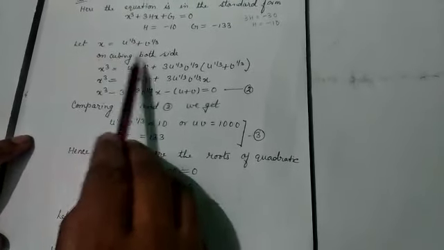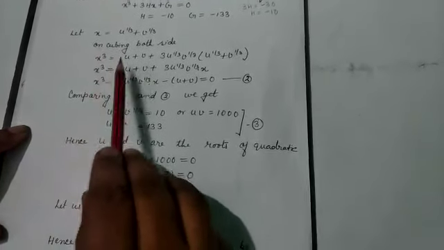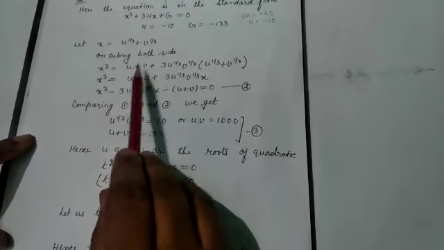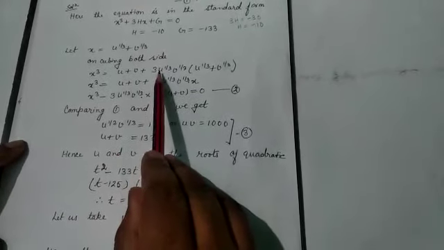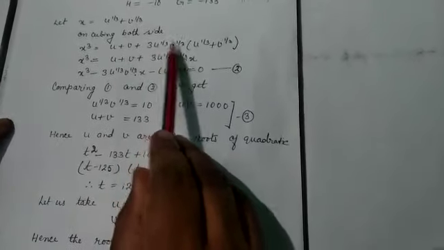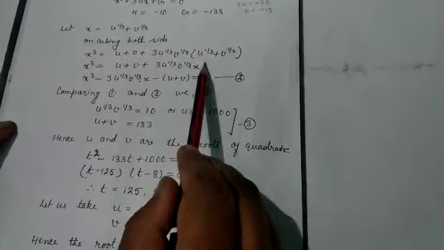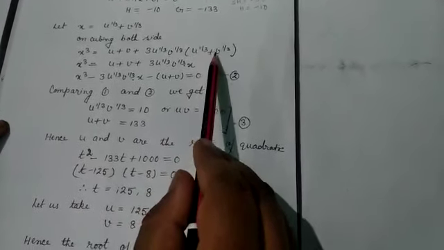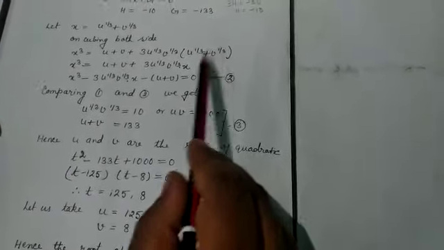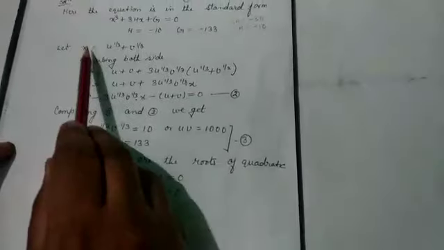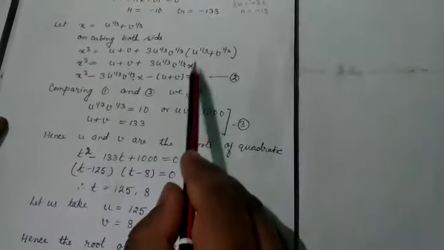Now, on cubing both sides, we get x cube is equal to u plus v plus 3u to the power 1 by 3, v to the power 1 by 3 into u to the power 1 by 3 plus v to the power 1 by 3. And the value of this is equal to x, so we'll put that value here.